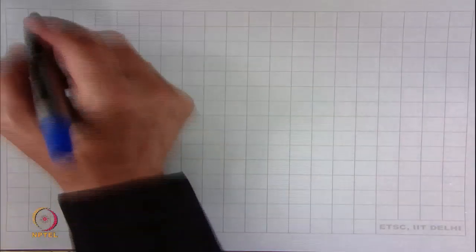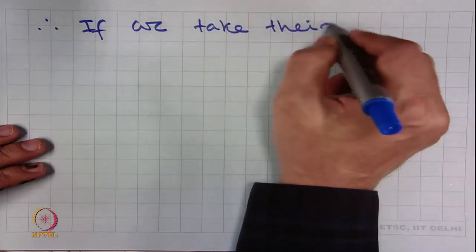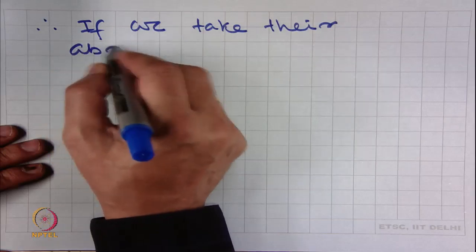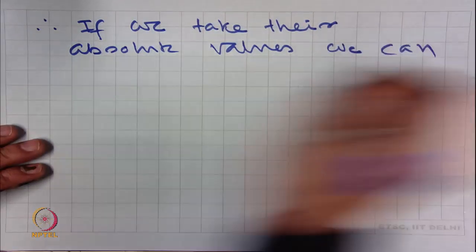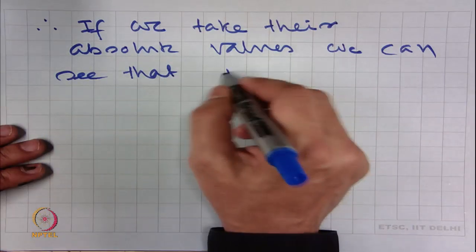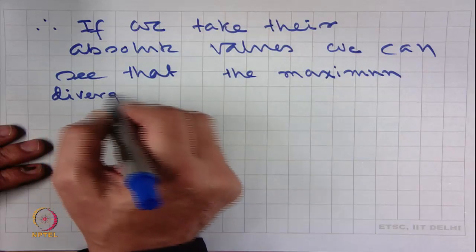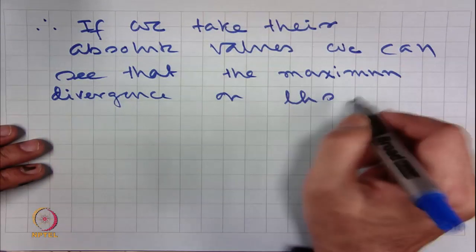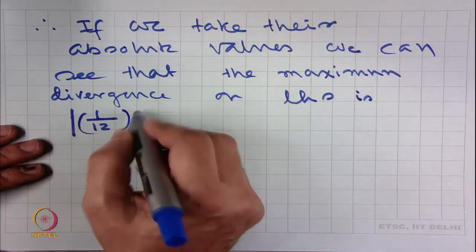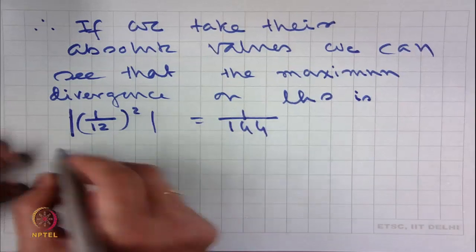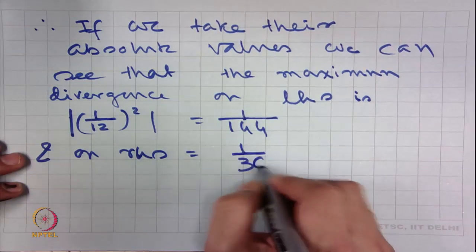Therefore, if we take their absolute values, we can see that the maximum divergence on left hand side is modulus of (1/12) square, which is equal to 1/144, and on right hand side is equal to 1/36.